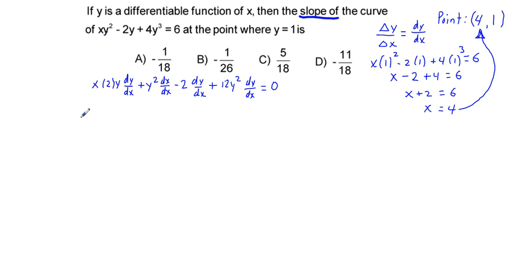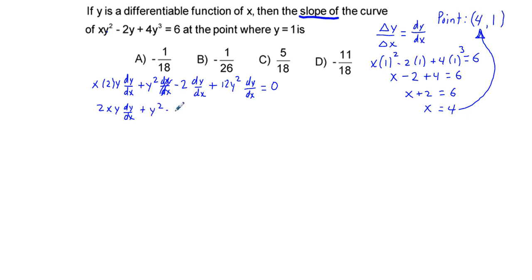So now I'm going to do a little rewrite here on the left. We have 2xy dy/dx. And then on the second term, dx over dx cancel each other. So we have plus y squared.